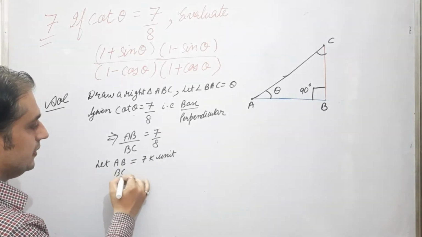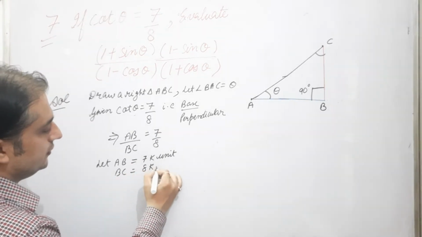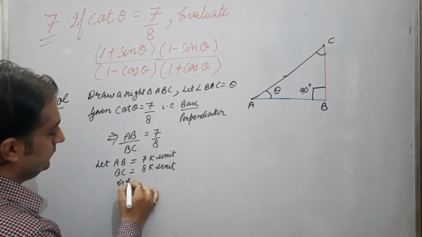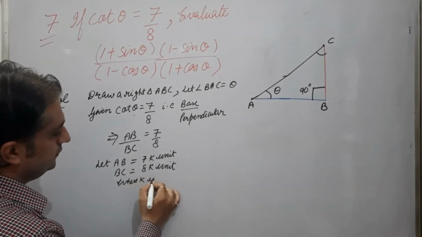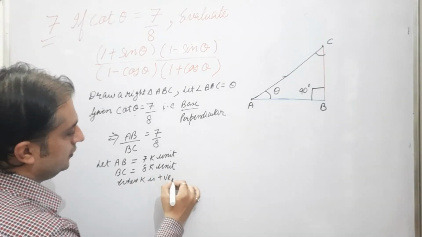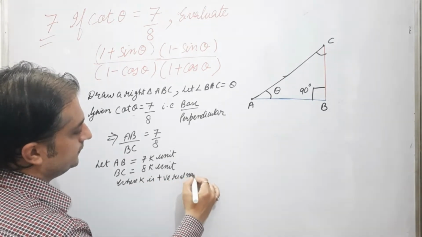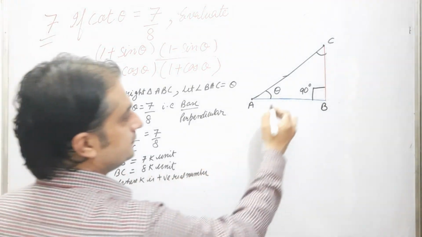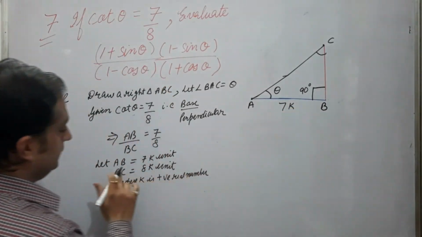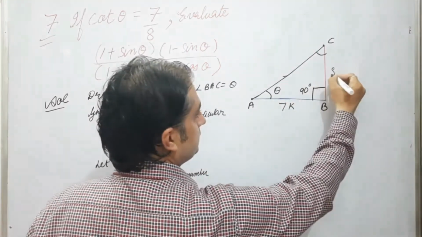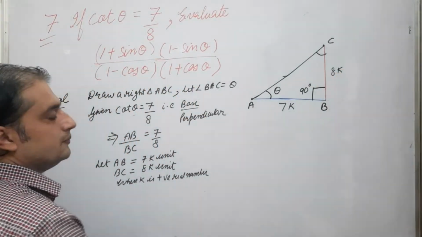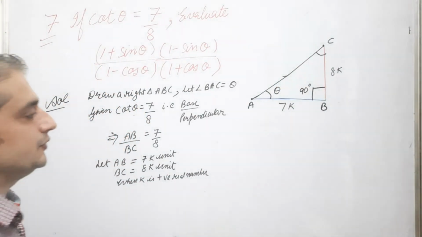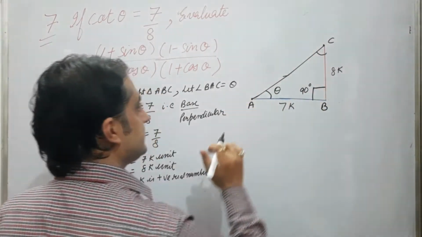And BC you can take 8k unit, where k is a positive real number. Now AB is 7k, BC is 8k. So using the Pythagoras theorem, first find AC.